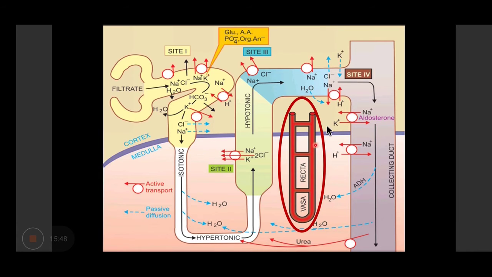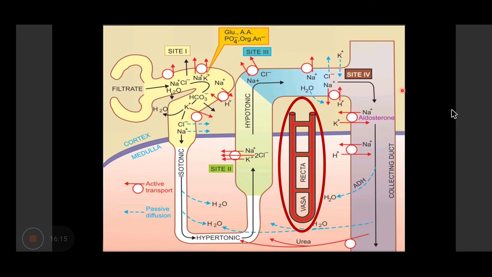The second important thing here is the blood supply of the nephron, which is done by the vasa recta. Now, vasa recta is very peculiar in the sense that in the cortical aspect of the vasa recta, the lumen of the vessels is a little broader, it has a higher diameter.